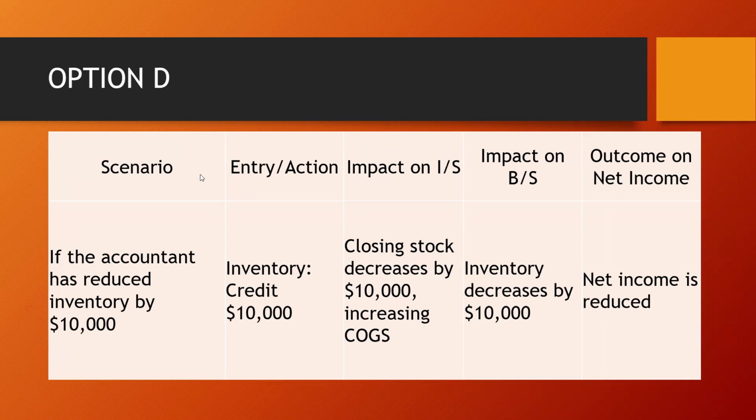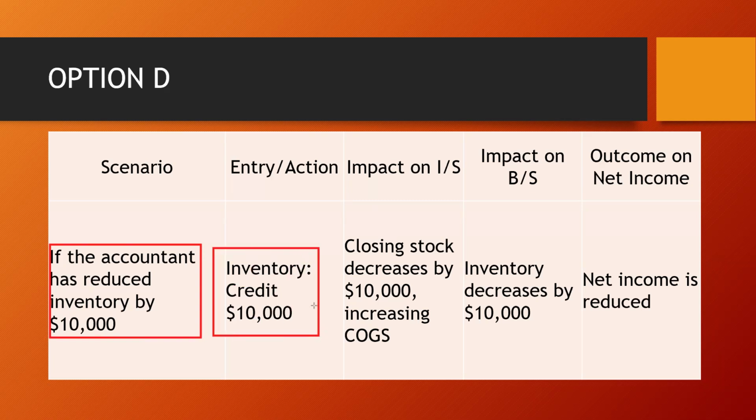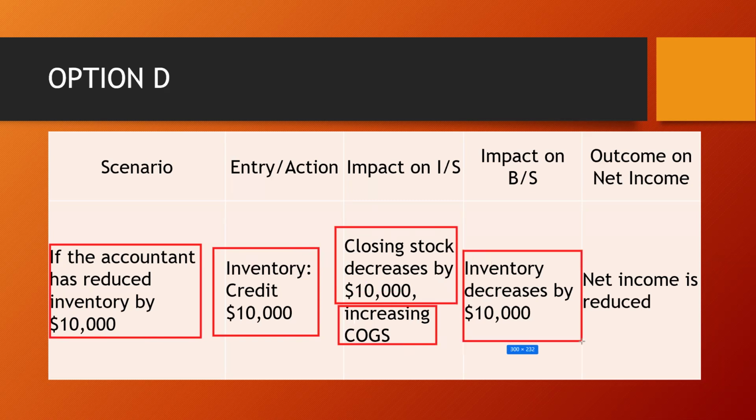There are two scenarios. In scenario one, they made the adjustment in the inventory, so they made the inventory credit. The closing stock is decreased by $10,000, but there is an increase in the cost of goods sold. So there is an impact on the balance sheet because it's a closing stock item. It will be in the income statement and the balance sheet.